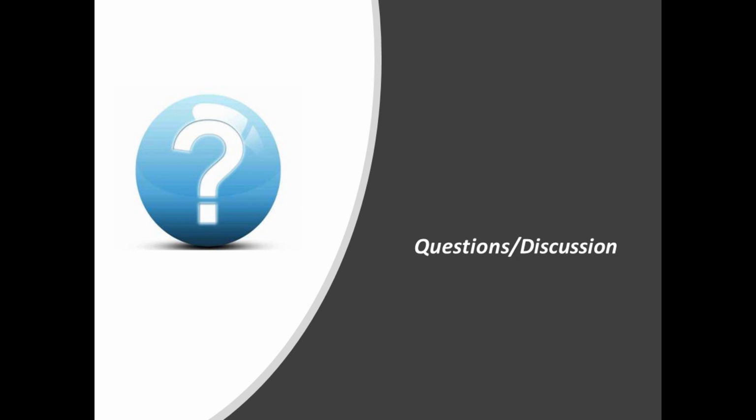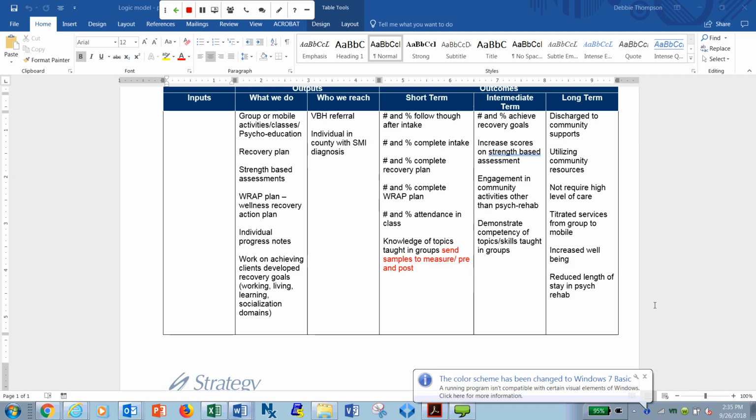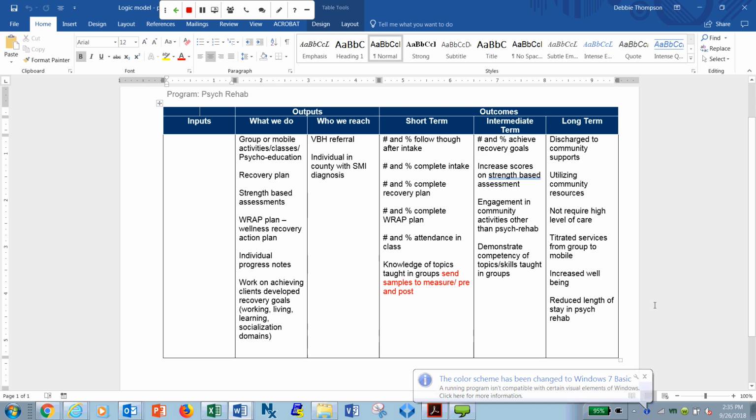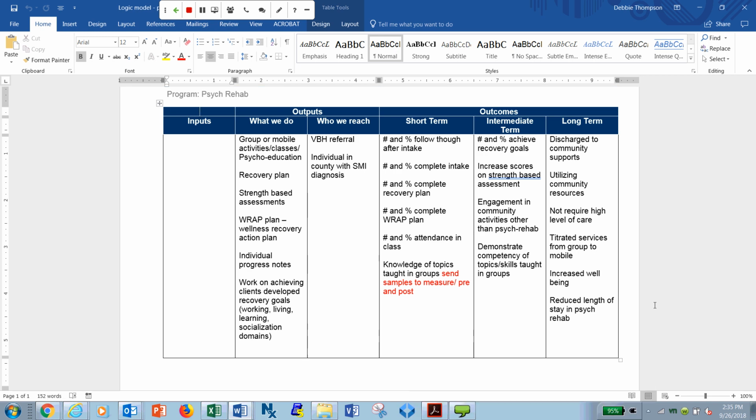I'll share my desktop with you so you can take a look at this as an example. This is actually an example of a logic model for a psychiatric rehabilitation program, okay? This is a program that's targeted to individuals with severe mental illness.